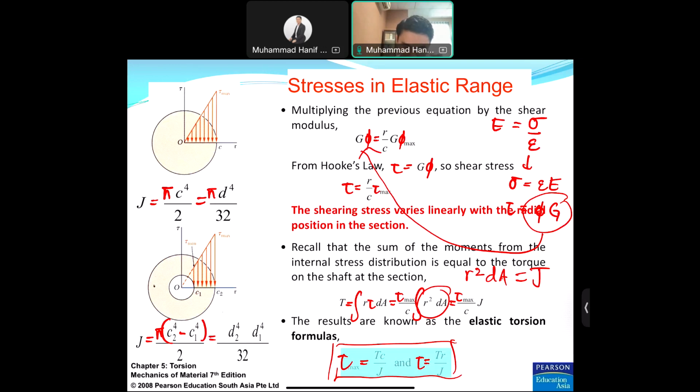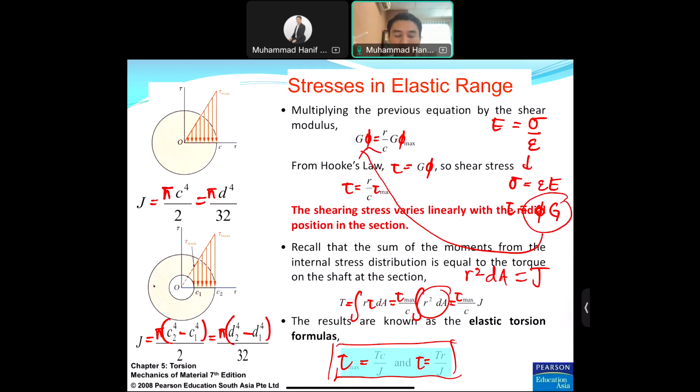If you consider diameters, it will be D power 4 minus D1 power 4 over 32. In the final exam, we are actually giving you the formula, so no need to memorize. You only need to understand how to solve the problem, to find c, and to draw the stress distribution as shown here.